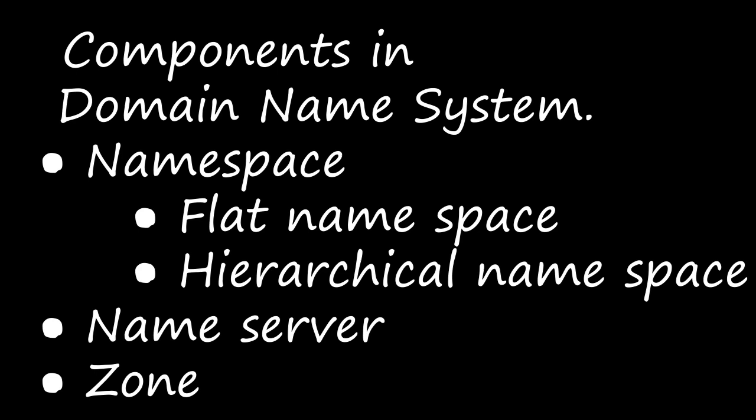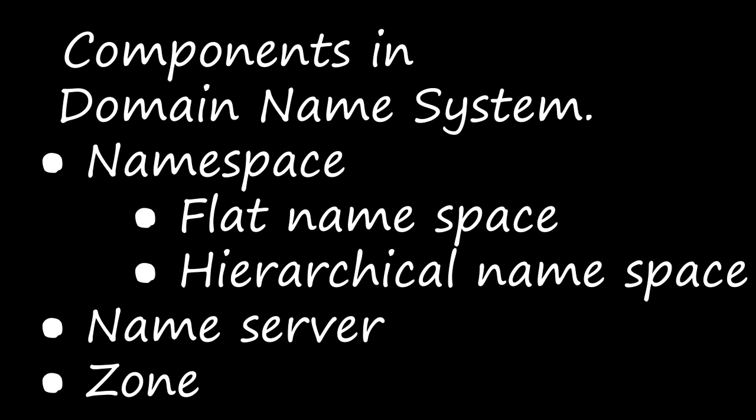To avoid this major disadvantage, hierarchical namespacing is used. Hierarchical namespacing means the name is made up of several parts. The first part may represent the nature of the organization. The second part may have the organization's name. The third part may have the department's name.